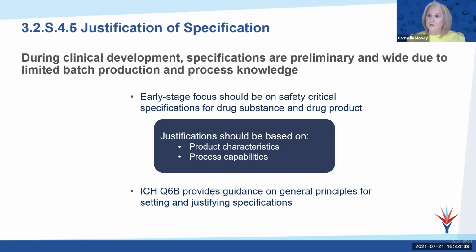And most of the time, your information comes from your batch production and process knowledge. That's how you justify. But you want to make sure that you can justify your specifications based on product characteristics and process capabilities. Next slide.